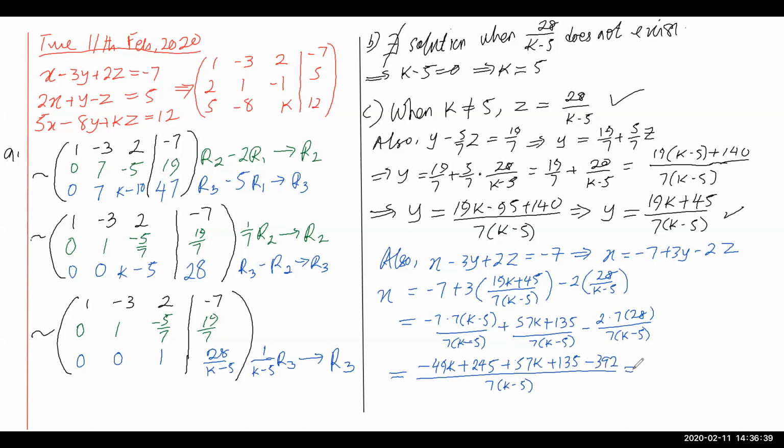Let's add all the k's. So what is this plus that? Is that 8? 8k? Okay, so we have 8k. What about the constant? Add this plus this minus this.